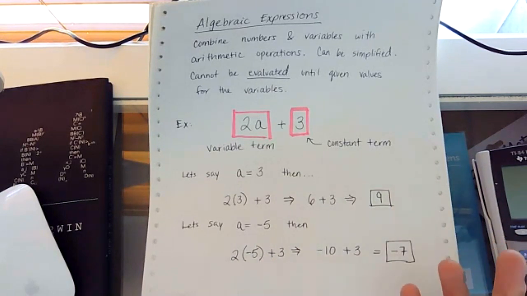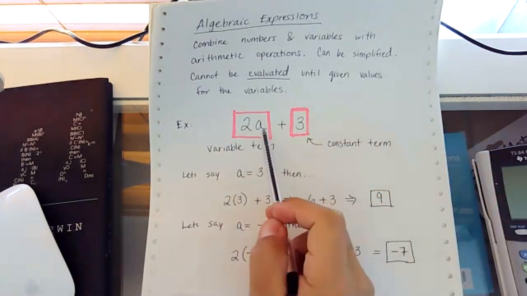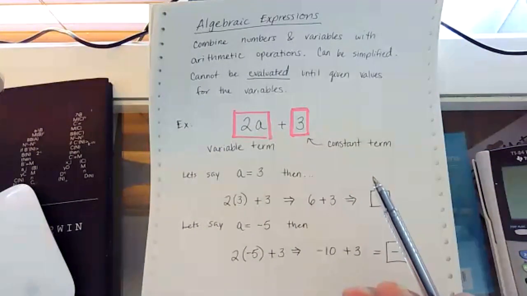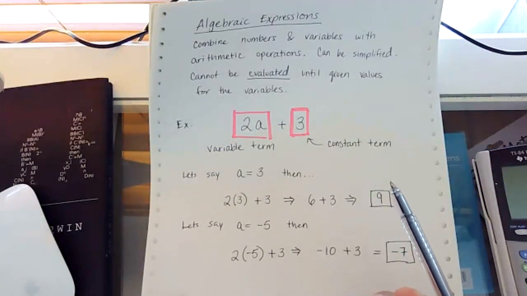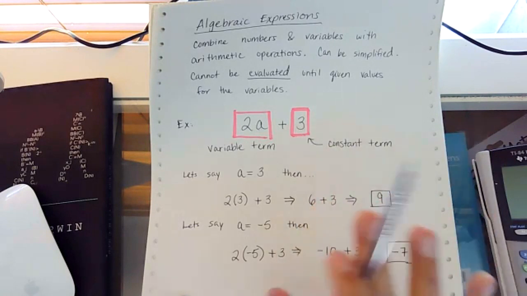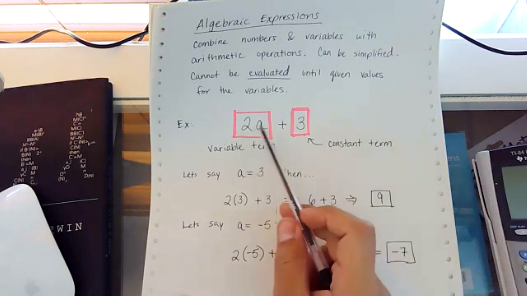Now, this is the usefulness of algebraic expressions: we can use this variable term as a placeholder that can change depending on the scenario. But the constant term, that value is fixed and it won't change because it's not attached to a variable. And that's exactly why they call them variables, right?